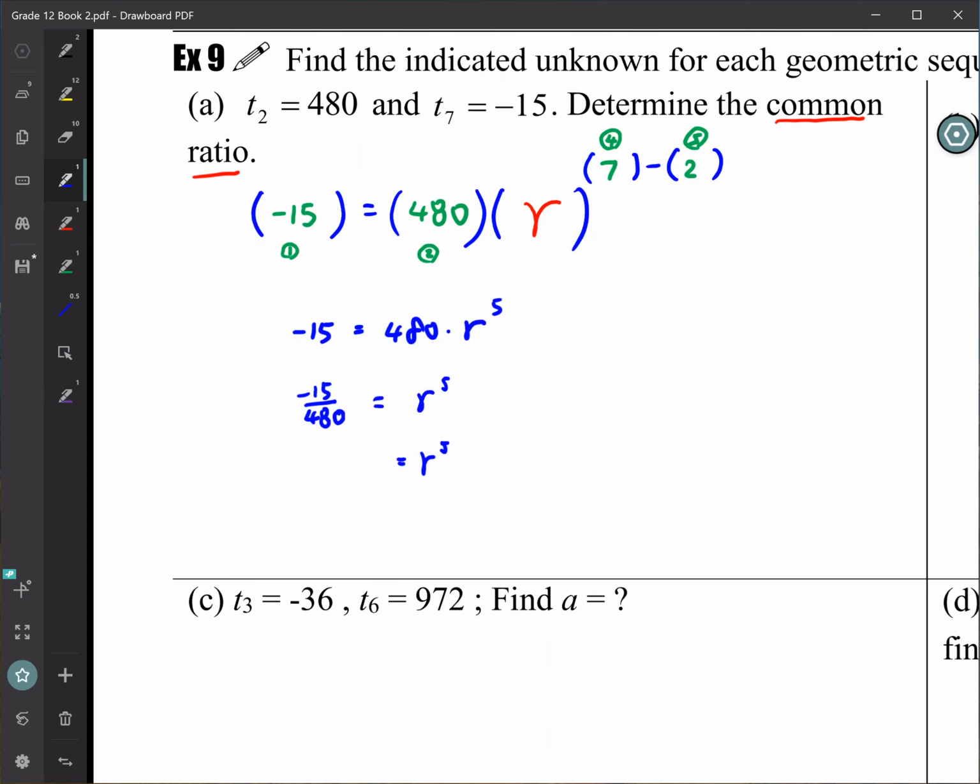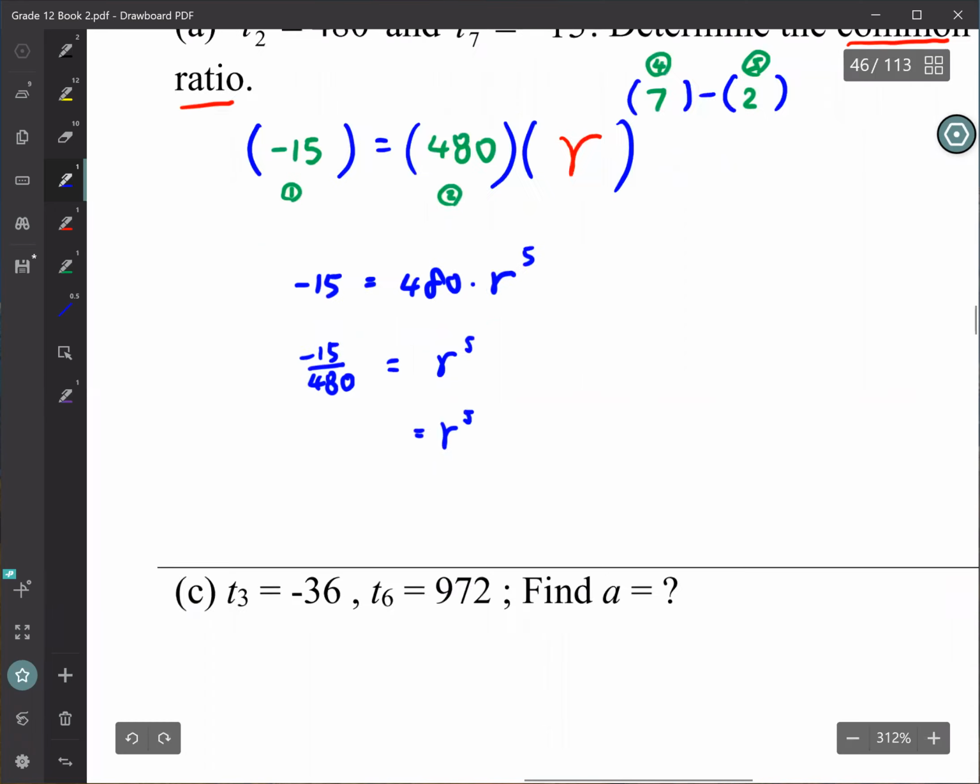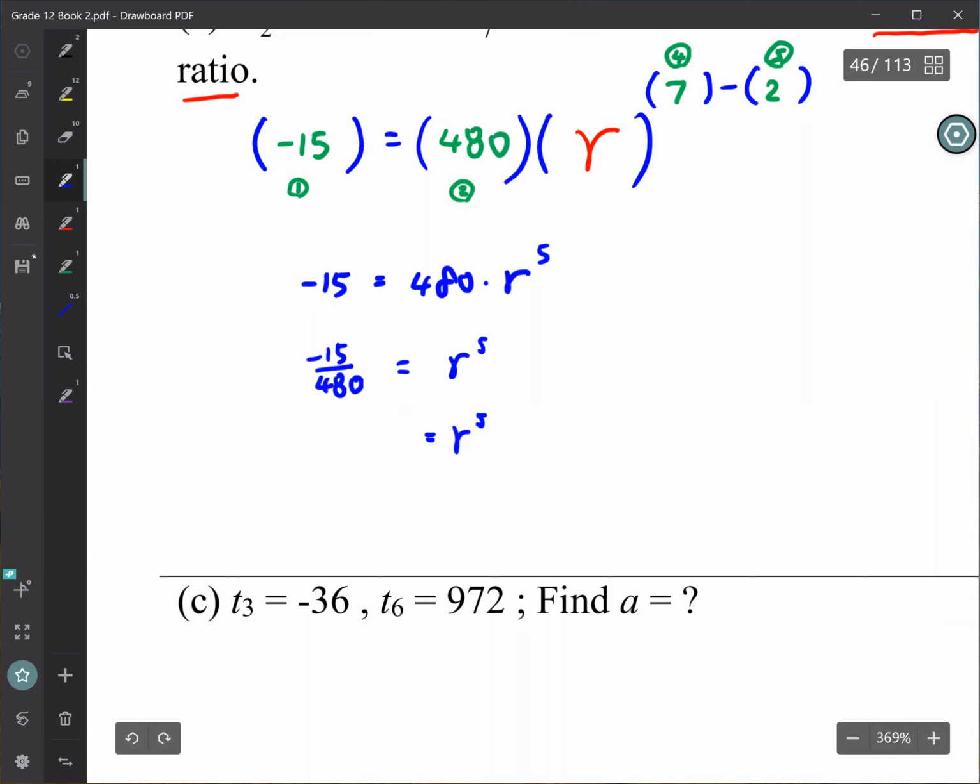All right, Cindy, what do you have? What's the simplified fraction? Negative 1 over 32.